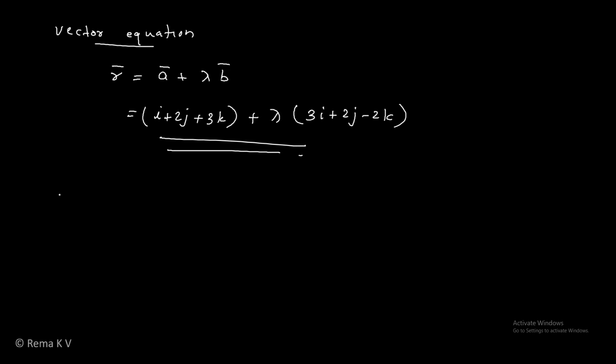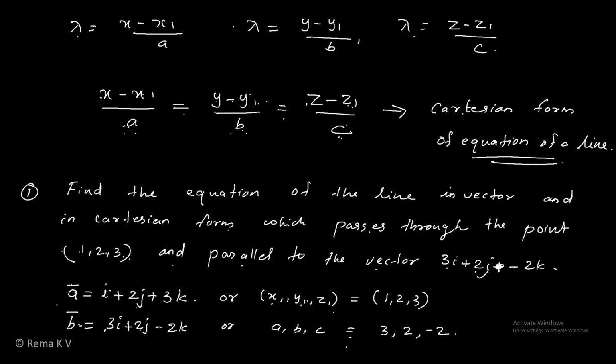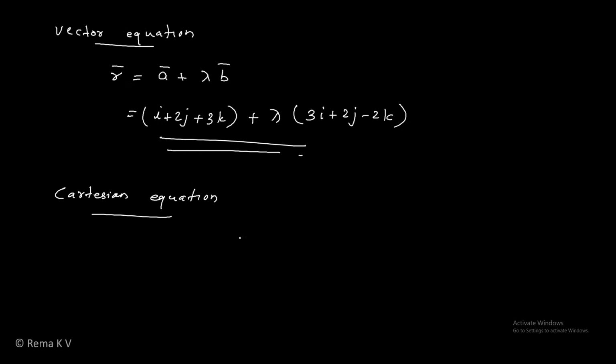Okay, now the next is the Cartesian equation. We can use the second part of this, that is x1, y1, z1 is 1, 2, 3. So the Cartesian equation of a line is x minus x1 by a equals y minus y1 by b equals z minus z1 by c.